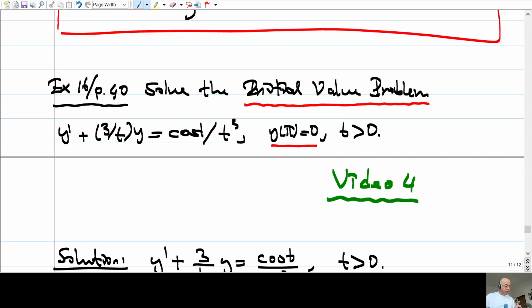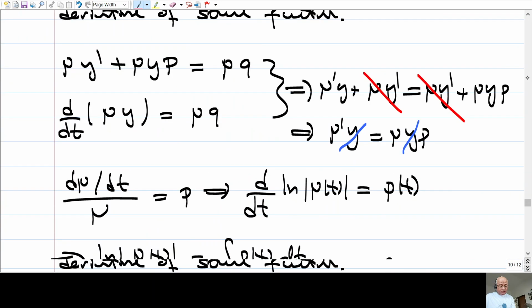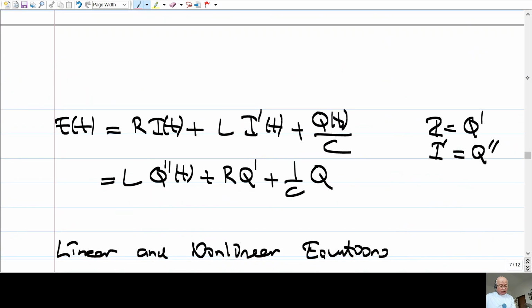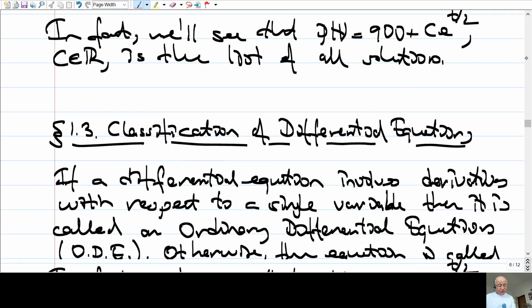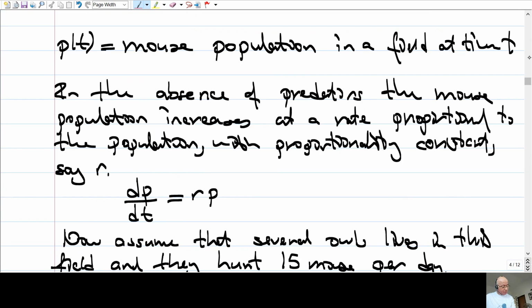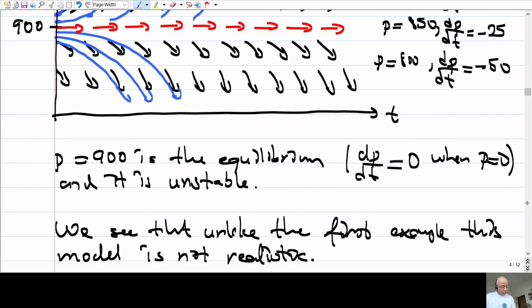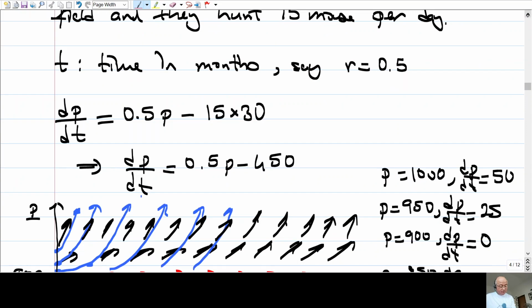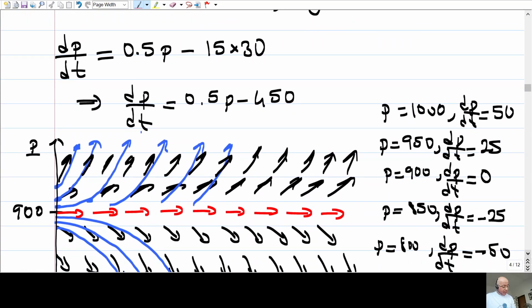So the value of the function y should be 0. Just recall our direction fields. This direction field gives us many solutions. All of these curves are solutions of this differential equation.